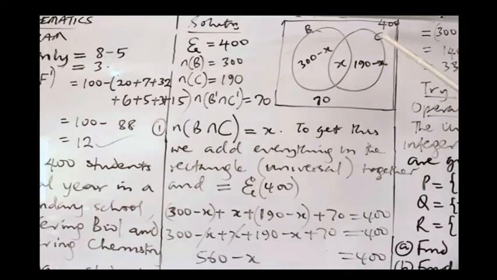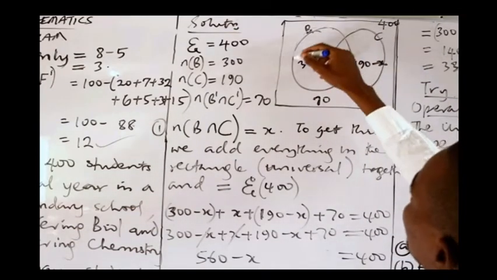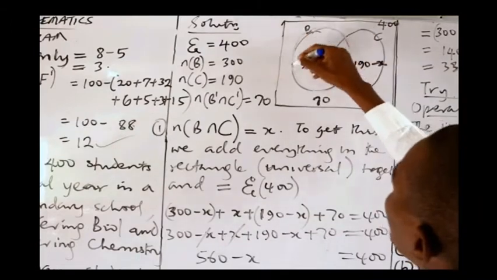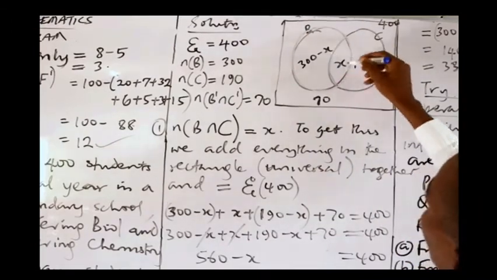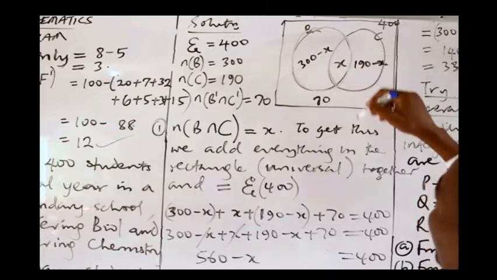Then people offering chemistry only will be chemistry altogether minus this. If everything here is 300 and part of it is X, then the remaining one will be 300 minus X. The same thing here.